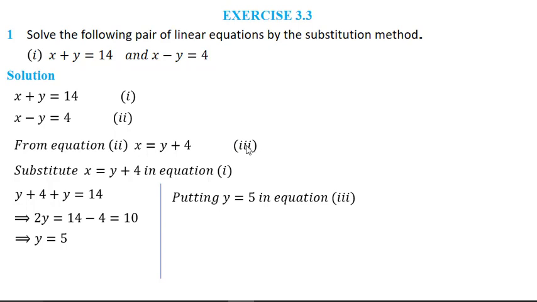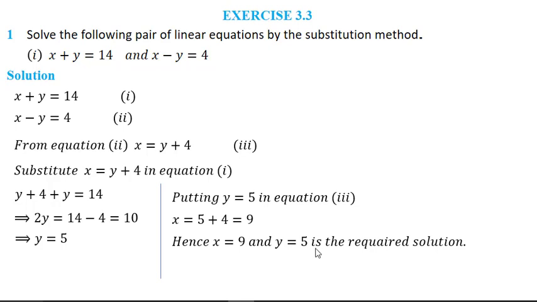So I can put in equation 3 also. So I will put the value of y equals 5 in equation 3. After putting in equation 3, I get x equals 5 plus 4, which is 9. So x equals 9 and y equals 5 is the required solution.